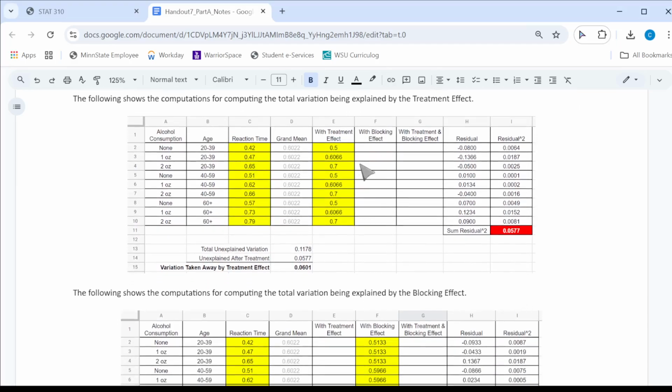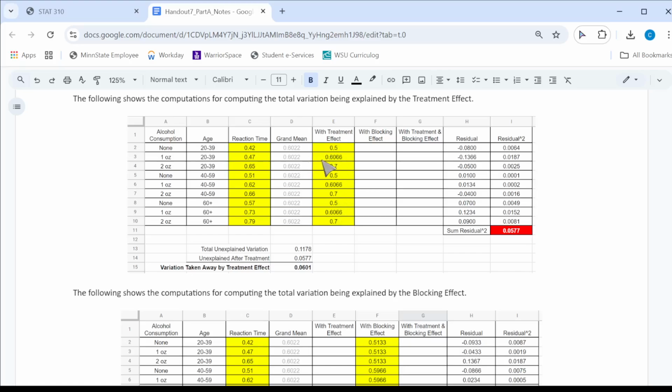If you're looking at the treatment effect, what I'm going to do is look at the reaction time for those in the non-alcoholic group. The average reaction time for those in the non-alcoholic group is 0.5, it looks like.